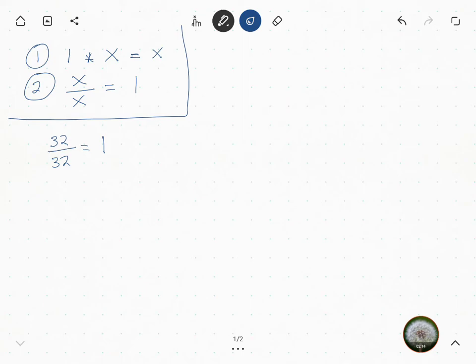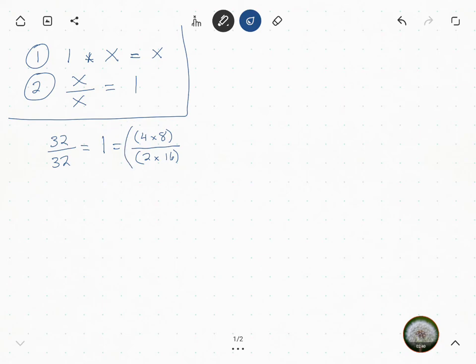We can write 32 a different way. For example, we could write 4 times 8, which equals 32, and we can divide that by 2 times 16, which equals 32. And again, because this simplifies down to 32 divided by 32, we also know that it equals 1.